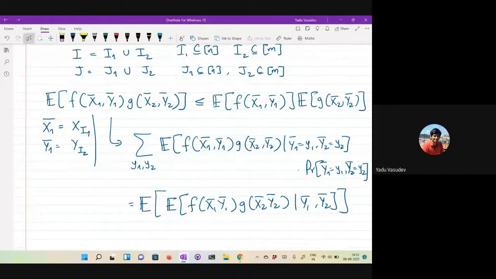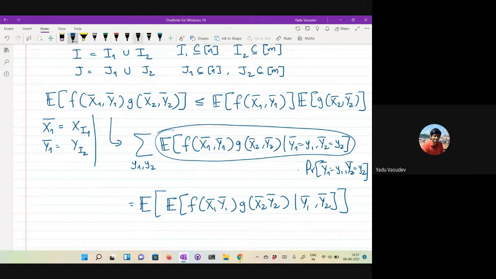You can think of this as a random variable. Depending on the choice of y1 and y2, this expectation can take different values, so this is a random variable, and you can write this as an expectation of this quantity.